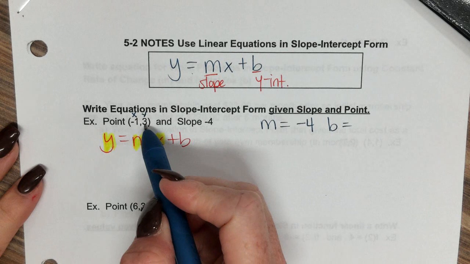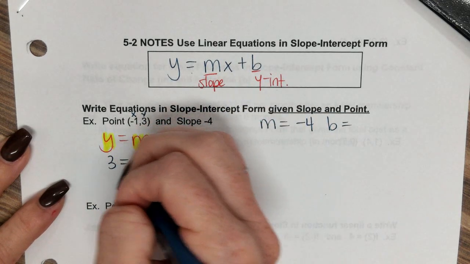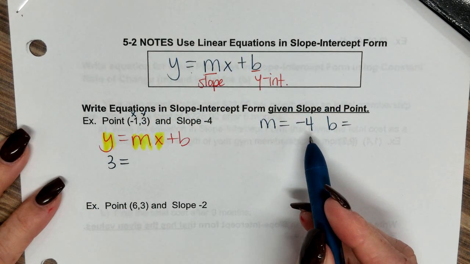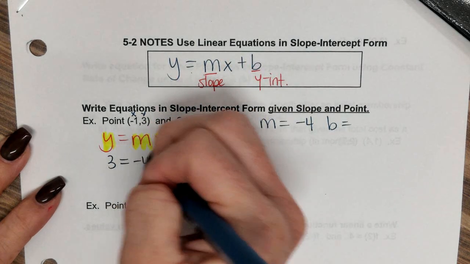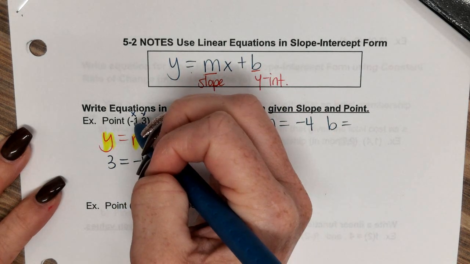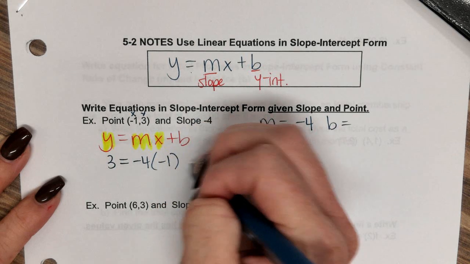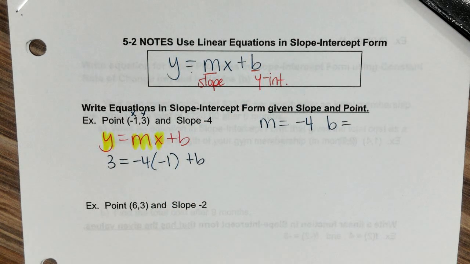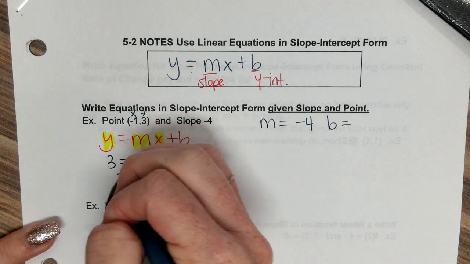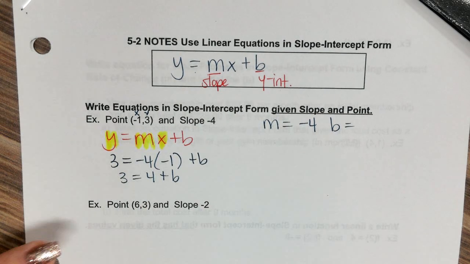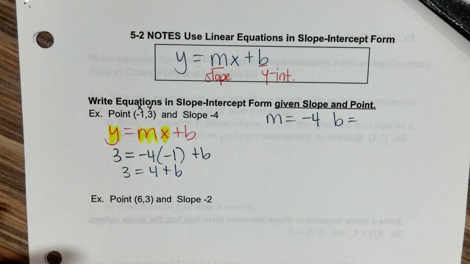Yes, so I'm going to plug in 3 for y, so 3 equals. What am I going to plug in for m? -4 times, what am I going to plug in for x? -1, and then plus b. And I'm simply going to solve for that y-intercept. So I have 3 equals 4 plus b, because -4 times -1 is 4.